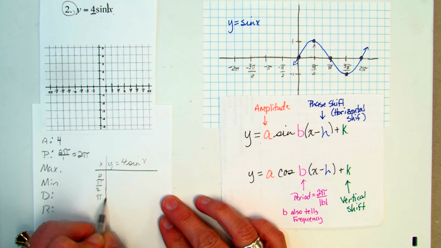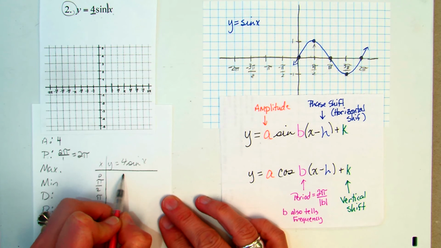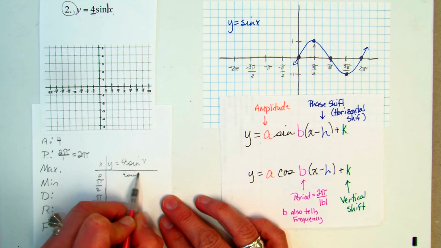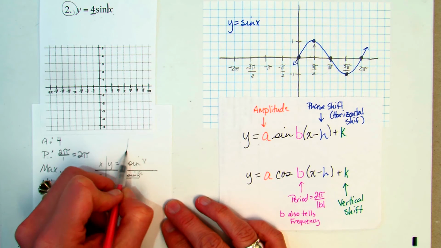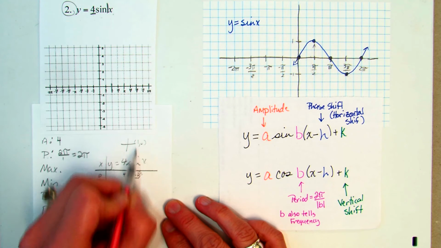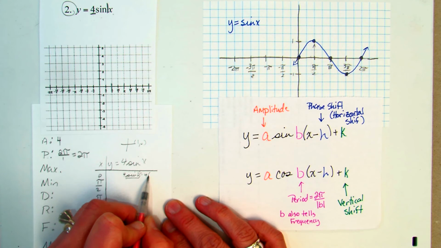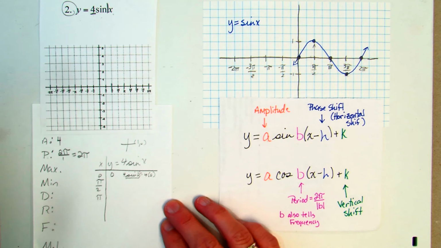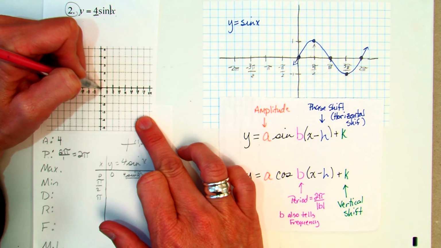I'm not going to go all the way through. If I plug 0 in, 4 times the sine of 0. What is the sine of 0? Sine of 0 is 0. So 4 times 0 is 0. So at 0, I'm at 0.